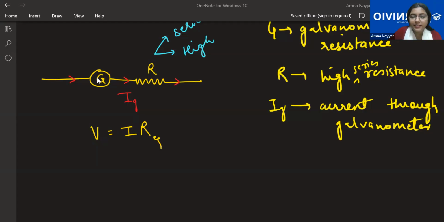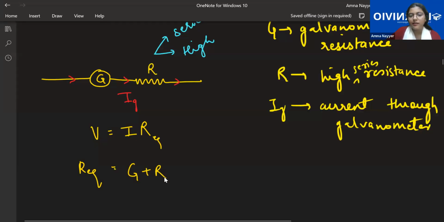From here, this is one resistance, capital G. One resistance is R. They are connected in series. What's the equivalent resistance? Yes, Muniba, correct. Now you're right, Ibrahim. R plus G. Two resistors are there. I think this was the easiest question of all. Yes, it will be G plus R.